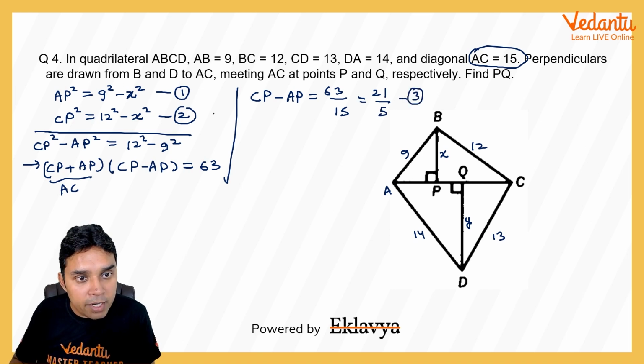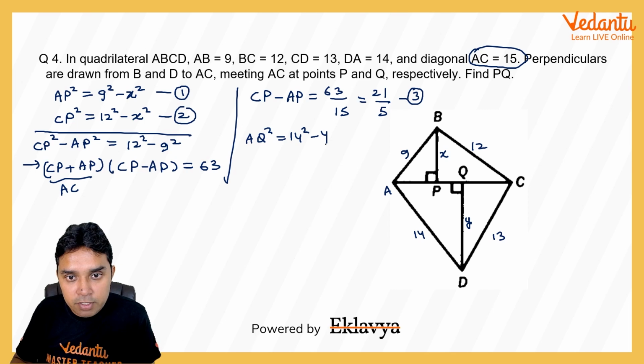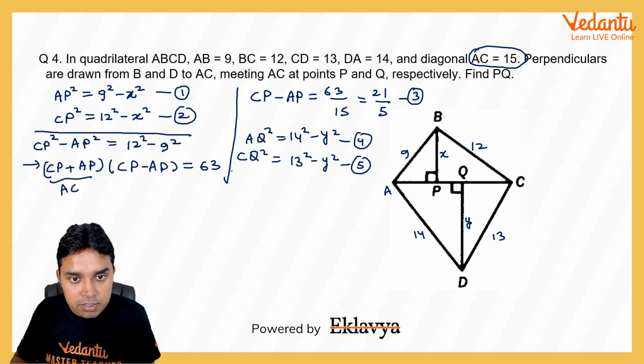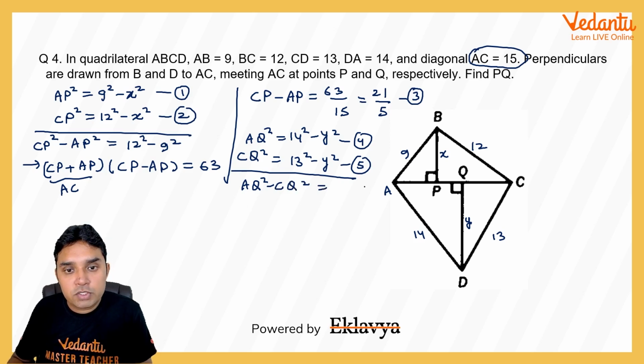Now similar to 1 and 2, we can write AQ square as 14 square minus Y square using Pythagoras theorem. And similarly, CQ square I can write as 13 square minus Y square. If I subtract them, AQ square minus CQ square will become equal to 14 square minus 13 square.